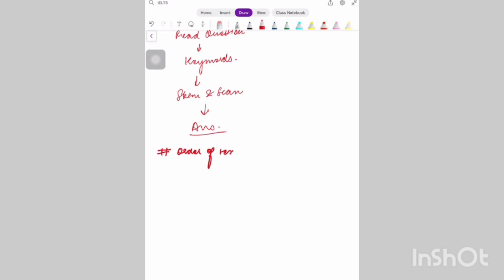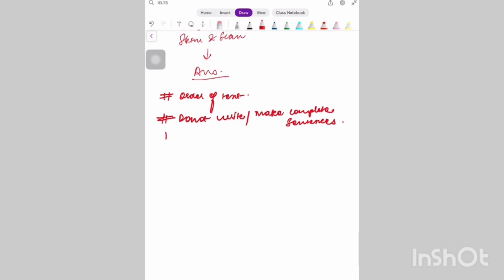So first answer in first para, then second answer in next para. Do not try to write complete sentences. Look at the word limit and write accordingly. Thirdly, these questions are comparatively easier than the rest, so you will not have any difficulty.